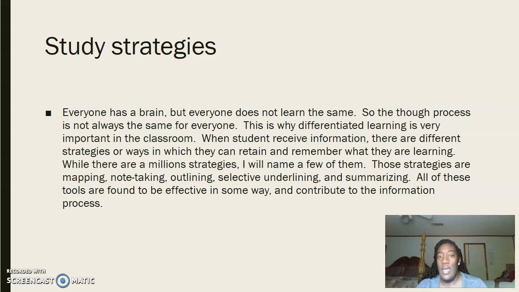I mean, it's unlimited ways that students can study and retain the information that has been given to them in order to master skills, well, in my case, master skills, because I work with kindergarten. So they have to master each skill in order to pass on, or in order to have those essential skills that they need for first grade.